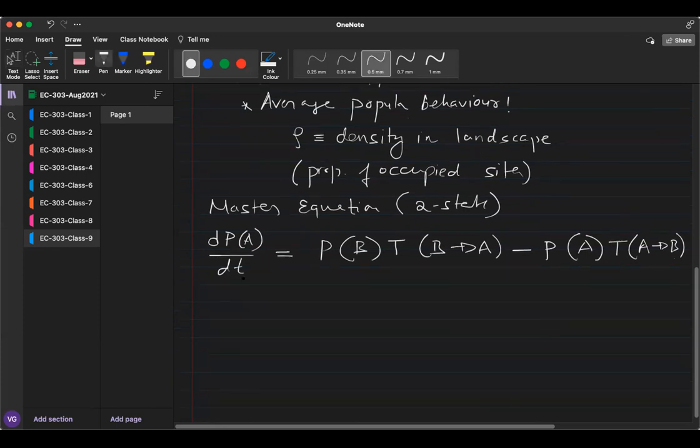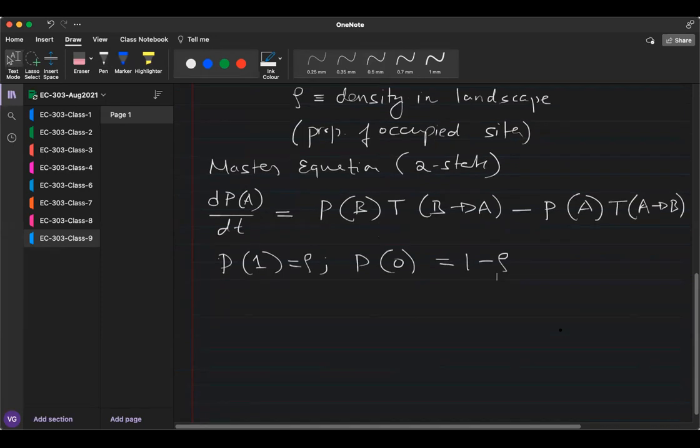Okay, so we considered P of 1. There are two states, right? P of 1 was nothing but rho, and P of 0 was nothing but 1 minus rho. What we also did was compute these transition rates.